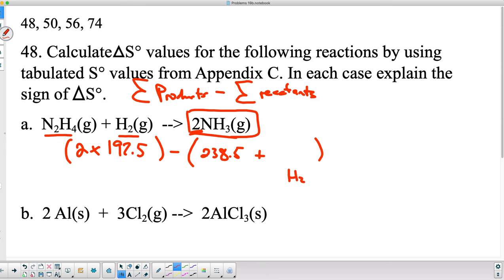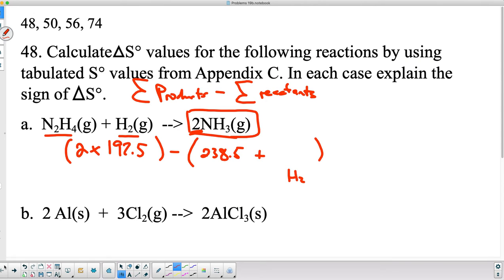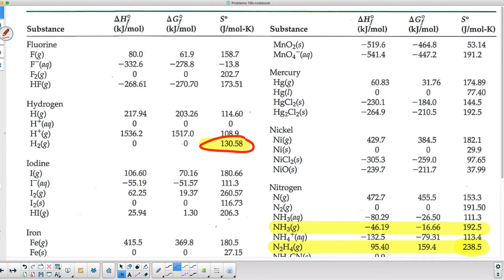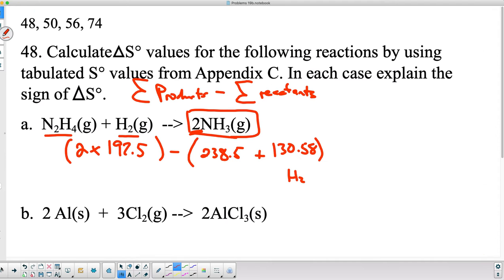And then the H2 is this one right here, and that's 130.58. Okay, these are all joules, I believe. Let's take a quick look to see what it is. This is in joules per mole per Kelvin. That makes a difference, especially when we use S in a different equation.